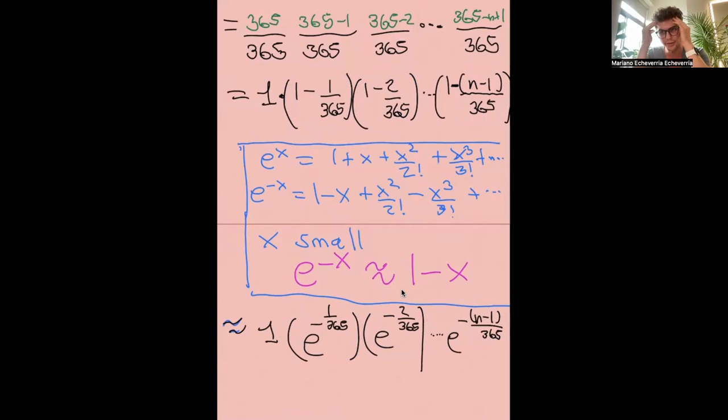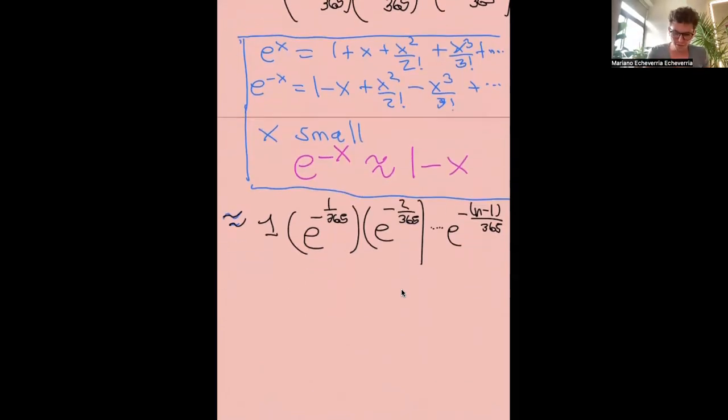And what's the advantage of doing this? What's the nice thing about multiplying exponentials? How do you multiply exponentials when the base is all the same? Yeah, you just add the exponents.